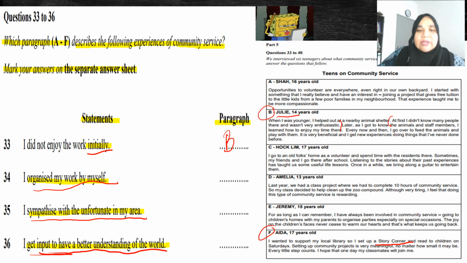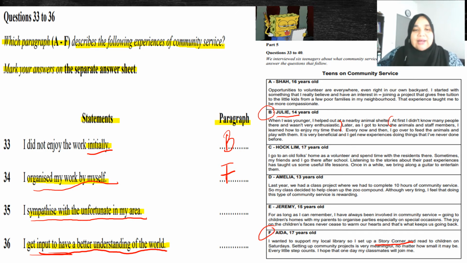So, set up a story corner is similar in meaning to I organize my work by myself. He or she set up the work by himself or herself. So the answer is obviously from paragraph F.